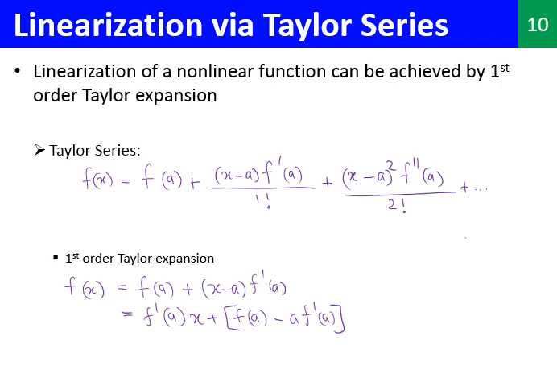Now we have a linear form. So this has the form of y equals ax plus b. Basically what we have here is we have assumed f(x) to be a linear function about the point a, and a is known as the linearization point or the operating point, right? So visually, let's say this is f(x) and this is x.